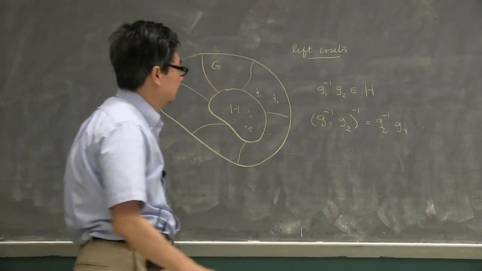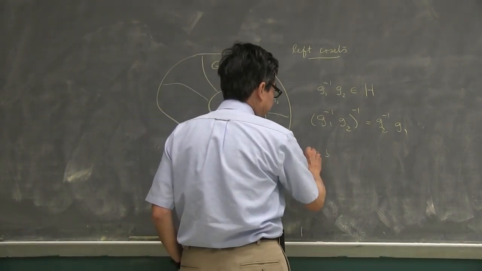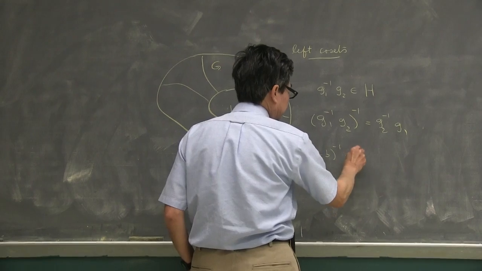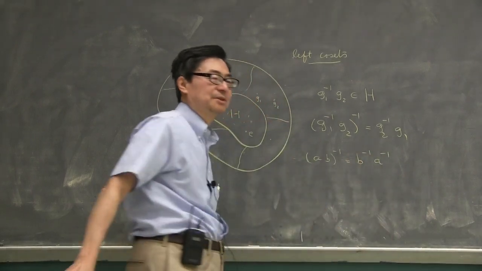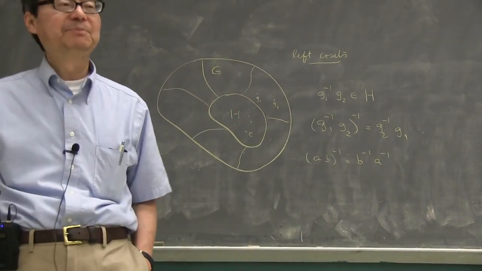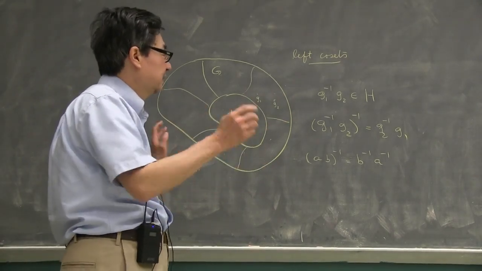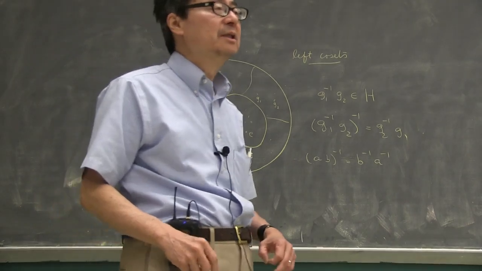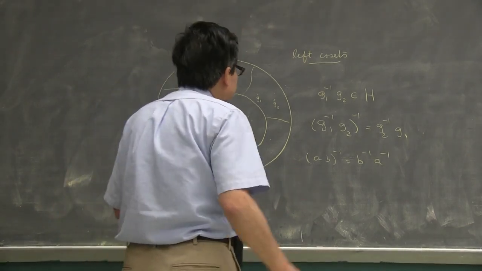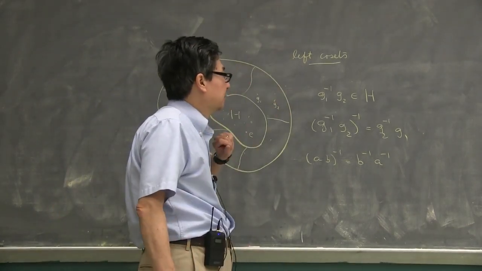The inverse of AB is equal to B inverse A inverse, and you can show that pretty easily. So if G1 is related to G2 in this manner, then G2 is related to G1 in this manner also, and then you can see that this is an equivalence relationship.